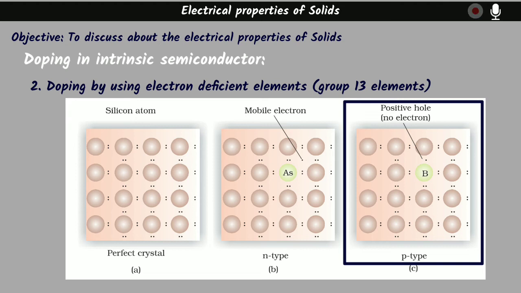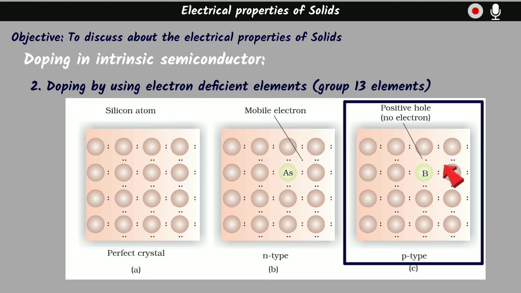Boron occupies one lattice site, and it is surrounded by a total of 4 silicon atoms. So boron will form a total of 3 covalent bonds by sharing its 3 electrons. The boron cannot form a covalent bond with the 4th silicon because it does not have the electron to form the covalent bond with all 4 silicons.